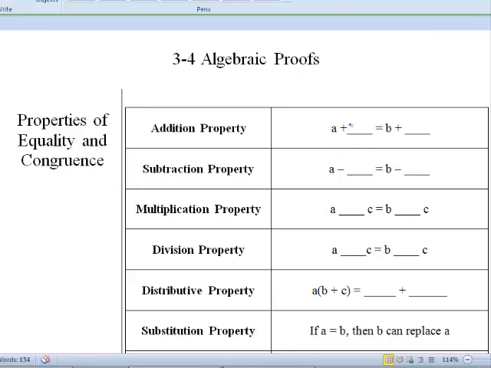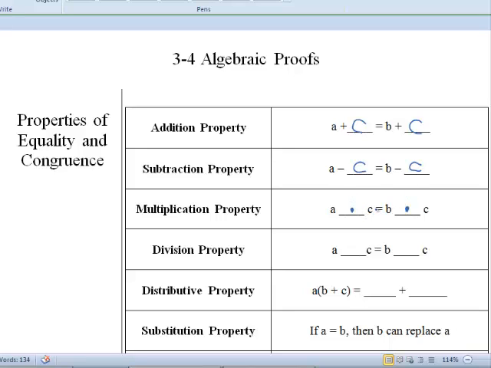The first one is the addition property. If I have an equation and I add the exact same thing to both sides, that's called the addition property. So if I have a plus c, that's equal to b plus c. I add the exact same thing. If I subtract the exact same thing from both sides, it's a minus c, b minus c. If I have the multiplication property, if I multiply the exact same thing on both sides, so a times c is the same thing as b times c.